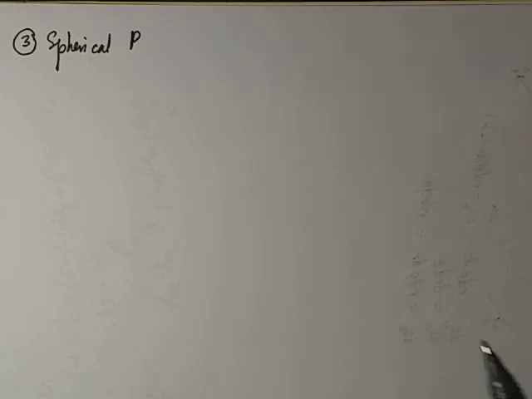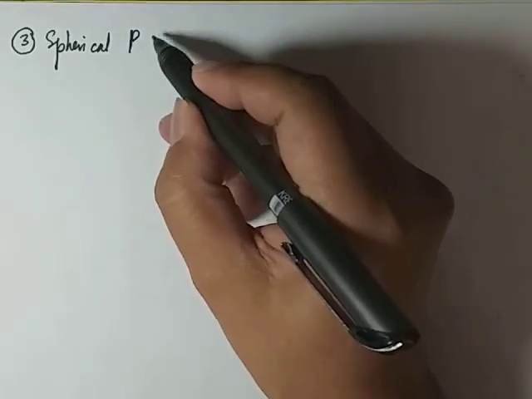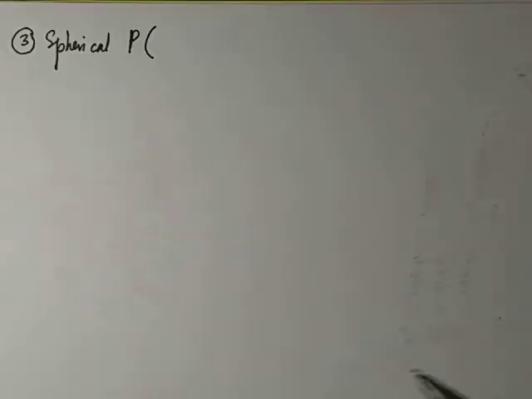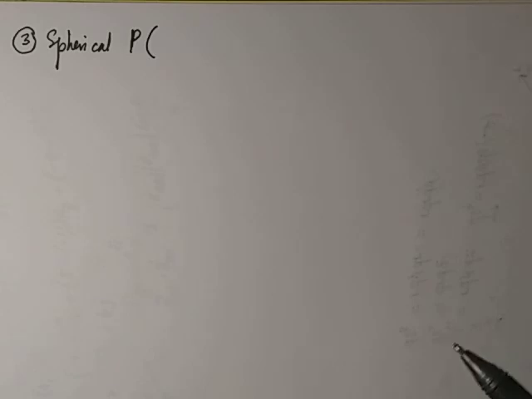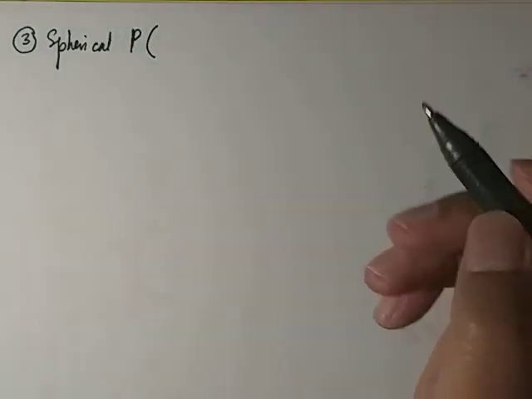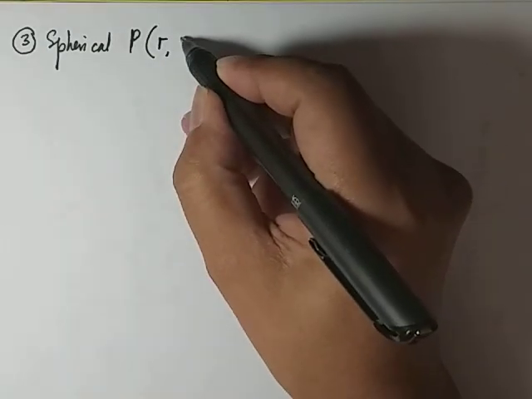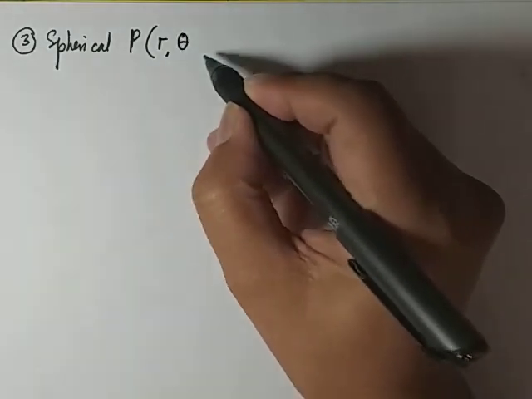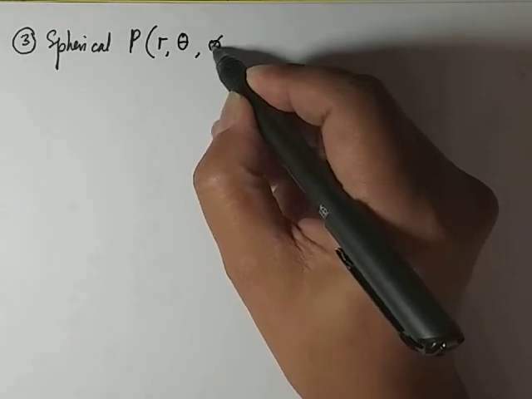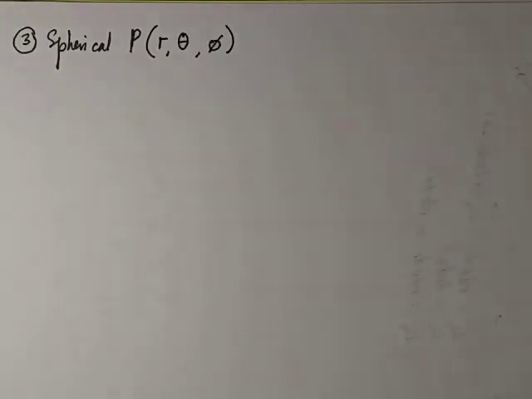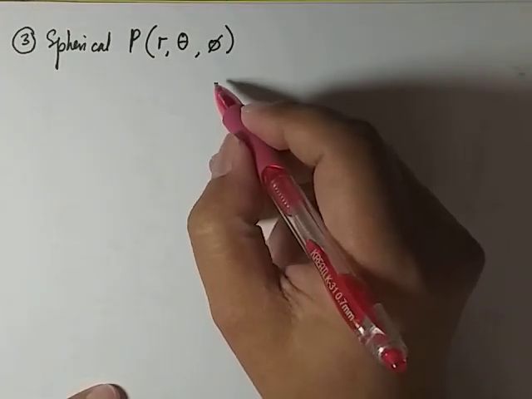But since we are using spherical, the variables that we're going to use to represent the position will consist of different variables: the first one is r, the second variable is theta, and the third variable is phi. So that should be the typical variables that we use to represent a point in space based on the spherical coordinate system.